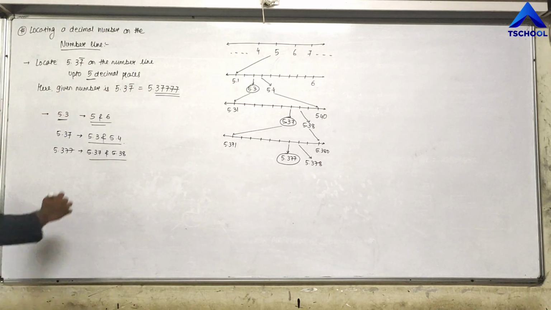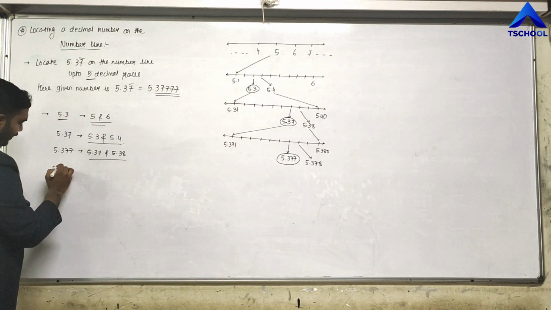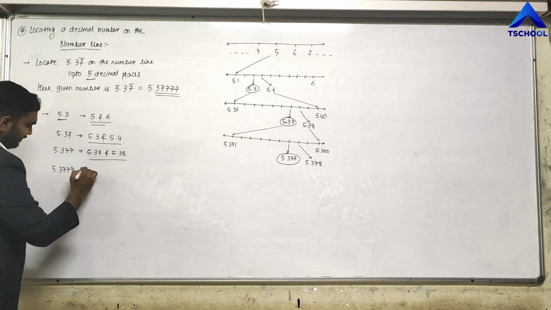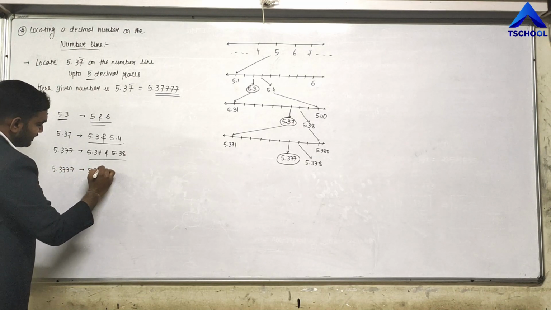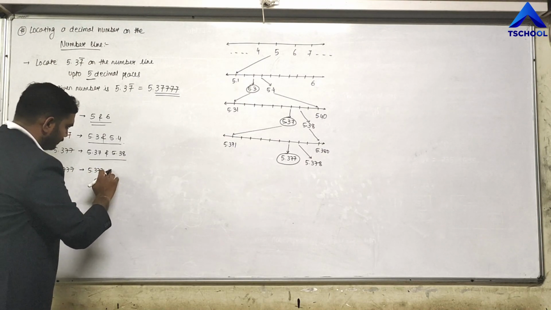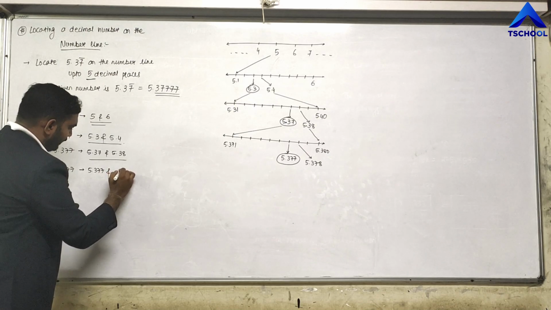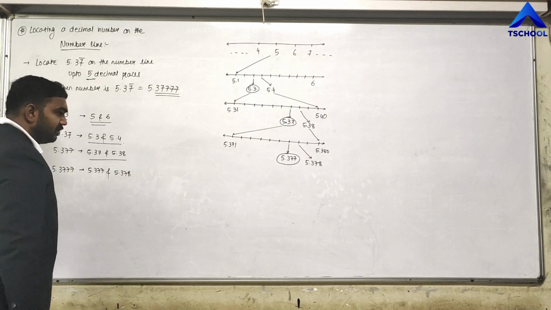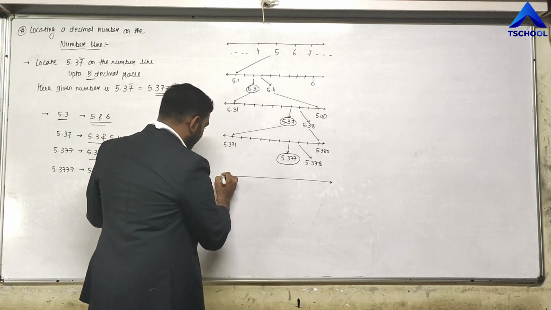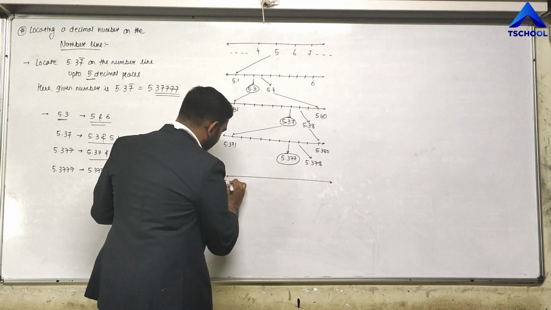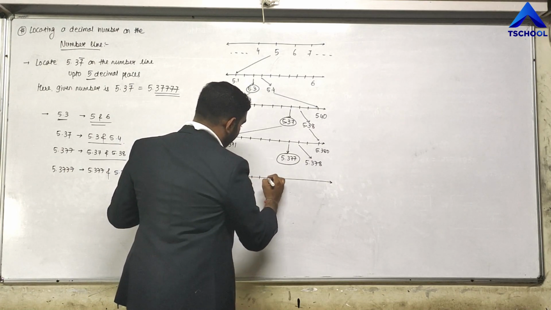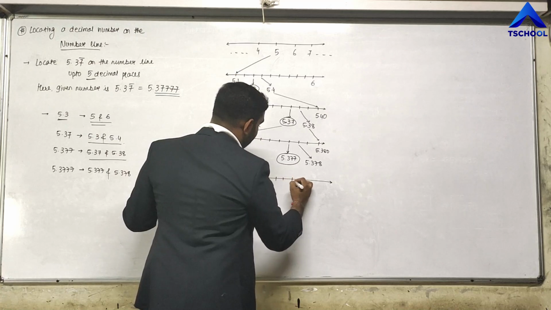Right? Now we shall show 5.3777. This is 3 sevens, which lies in between 5.377 and 5.378. So again I am showing a number line here that will give me 5.3771, 2, 3, 4, 5, 6, 7, 8, 9 and 10.